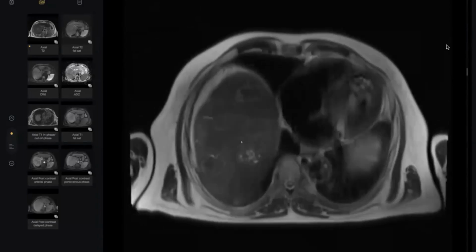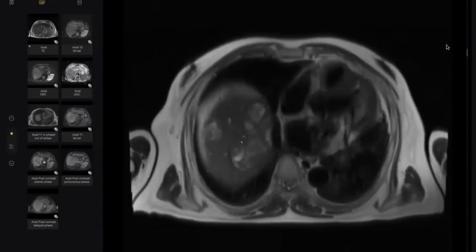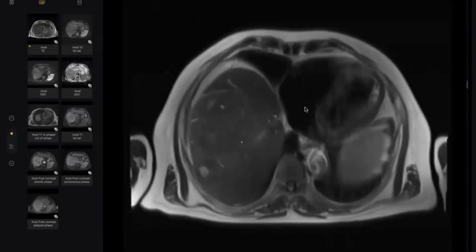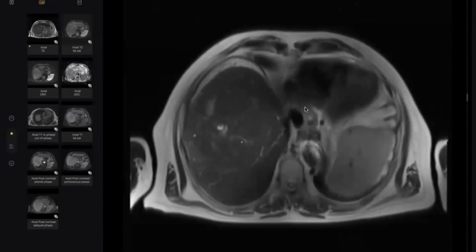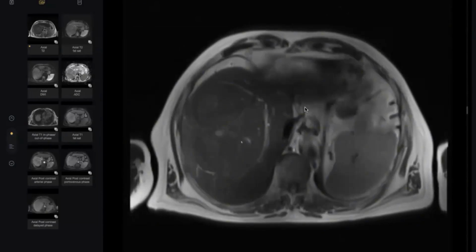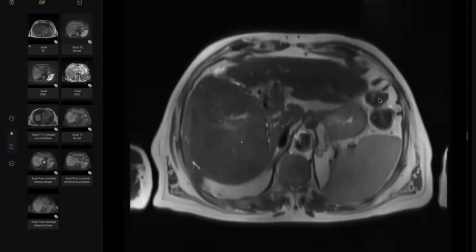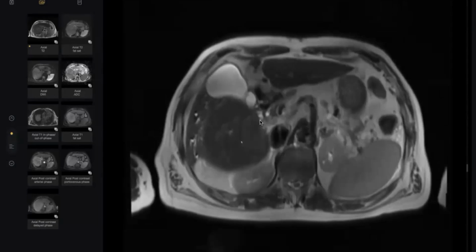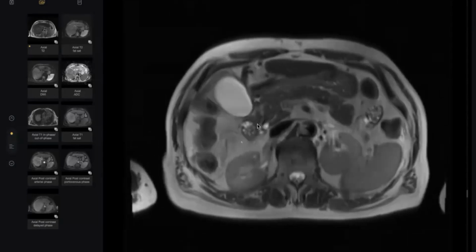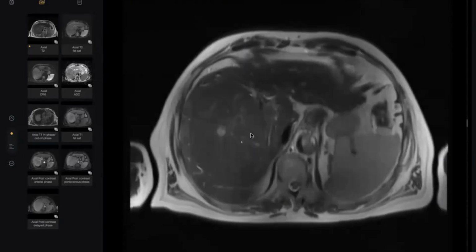They are of different intensities, mostly heterogeneous, hyper and hypo, and there is a large lesion occupying most of the right hepatic lobe here.